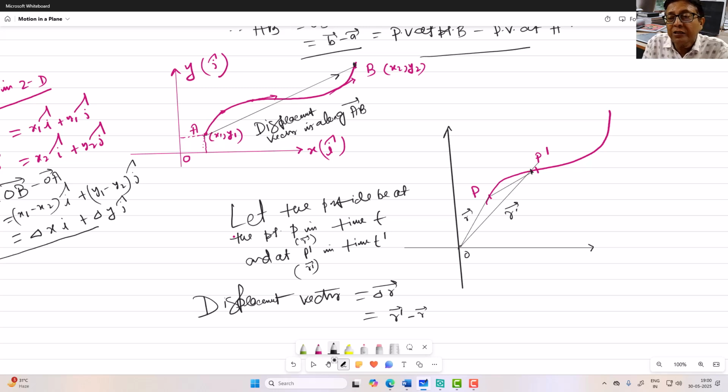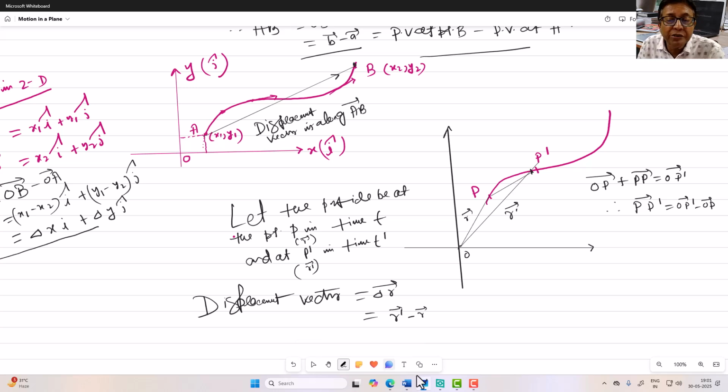Once more, OP plus PP dash equals OP dash. So PP dash equals OP dash minus OP. So this is delta R, which is equal to R dash minus R. This is the displacement vector directed from P to P dash.